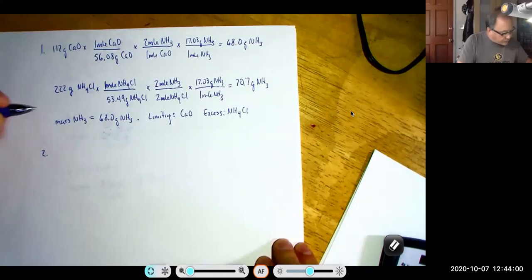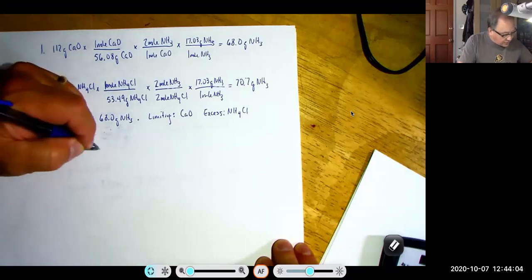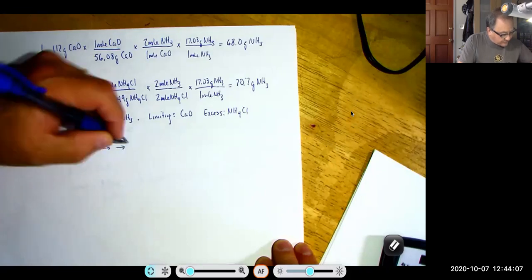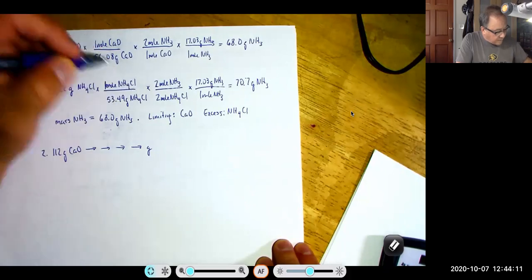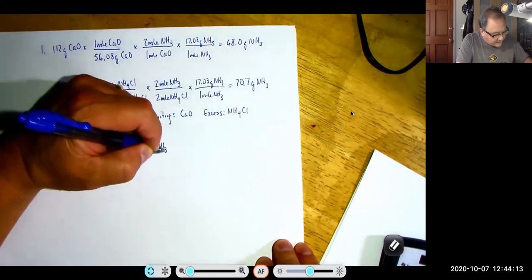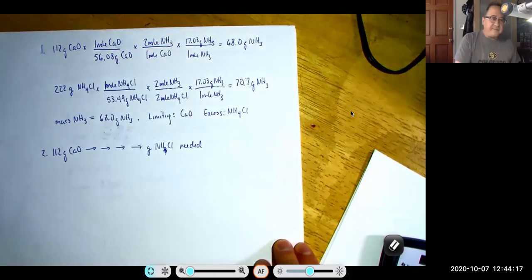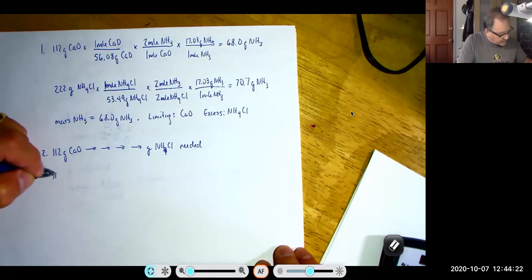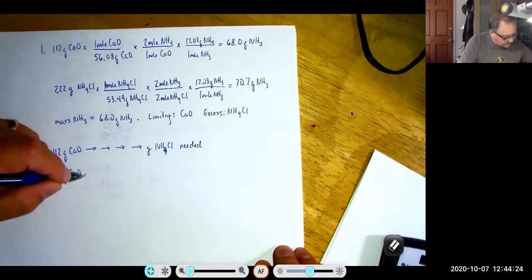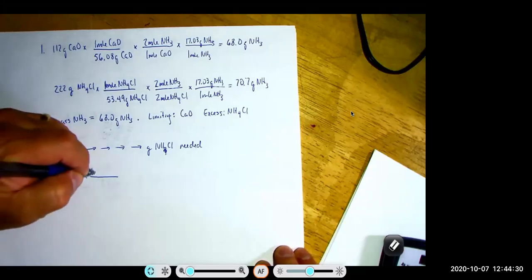What we're going to do is start with 112 grams of calcium oxide, and figure out the grams of ammonium chloride needed. Okay? So what do we do here? Times it by the molar mass on the bottom and 1 mole on top. Good.